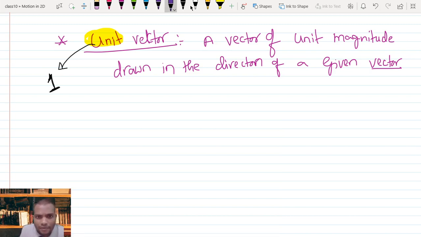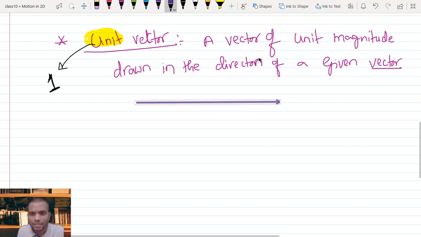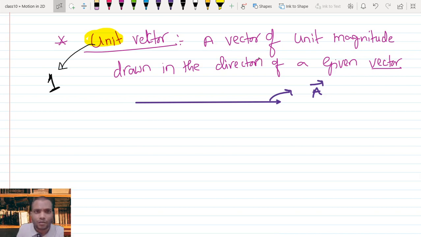Suppose I have a vector, a very long vector, and its name is A bar. To this vector, I want to draw a unit vector. How can I draw it? The unit vector can be drawn in the given vector's direction, but its magnitude is equal to 1.